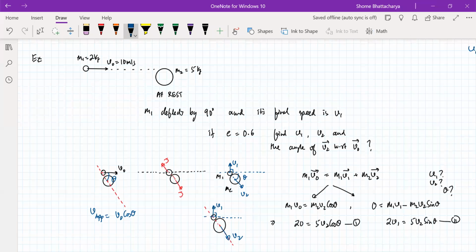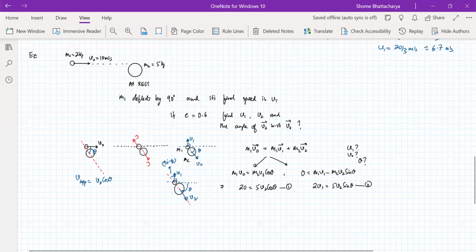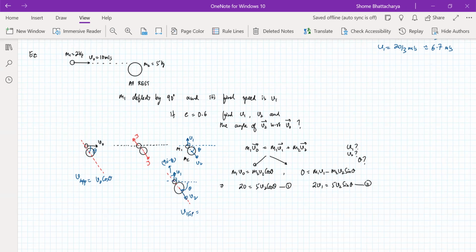You can see that this angle here will become 90 minus theta because this angle here is theta. So the separation velocity here will become v1 cos(90 minus theta), that is v1 sin theta, plus v2. So the separation velocity is v1 sin theta plus v2.